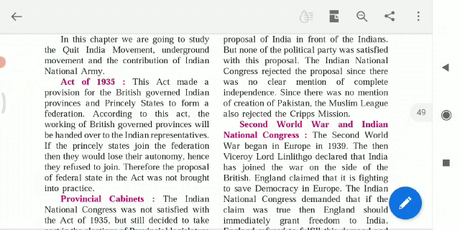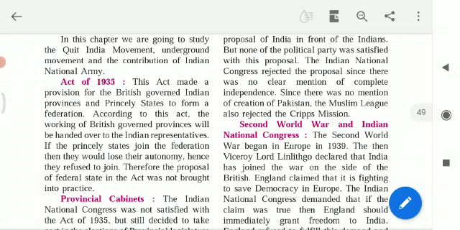The cooperation of India became necessary for England to resist the Japanese invasion of India. So the British Prime Minister Winston Churchill sent Sir Stafford Cripps to India in March 1942.